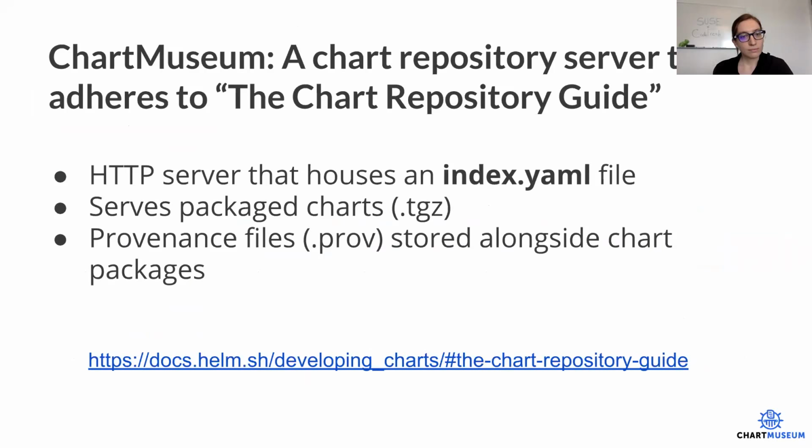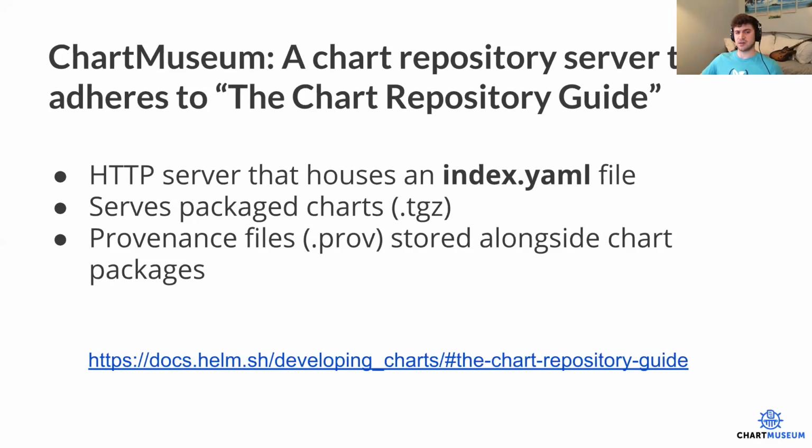So yeah, really briefly, ChartMuseum was intended to follow the documentation that Helm created for chart repositories. And really the only requirement that it says is that it must be an HTTP accessible server that houses this special index YAML file, and then it also serves chart packages.